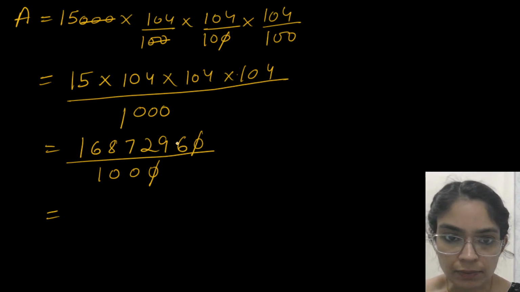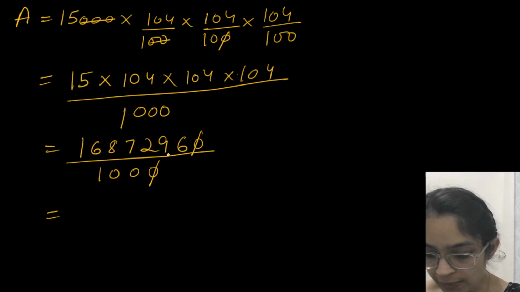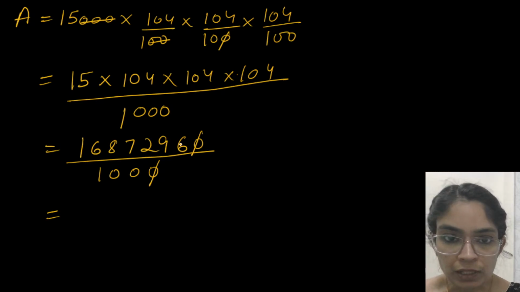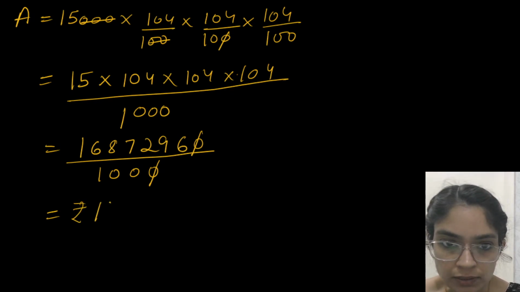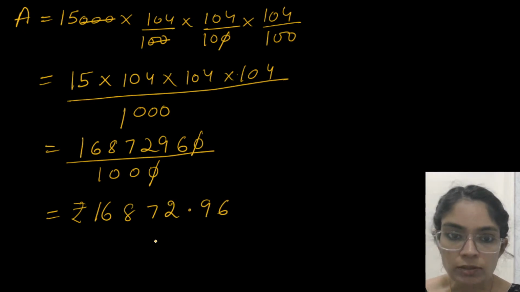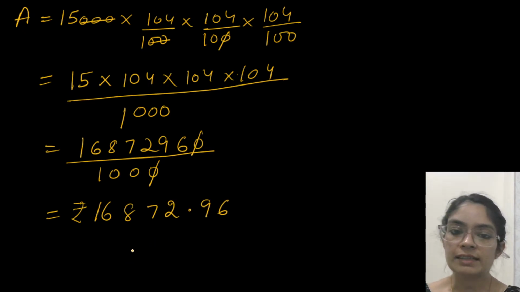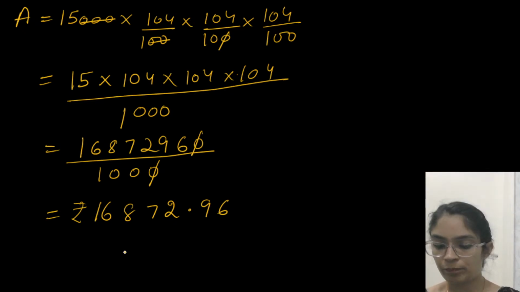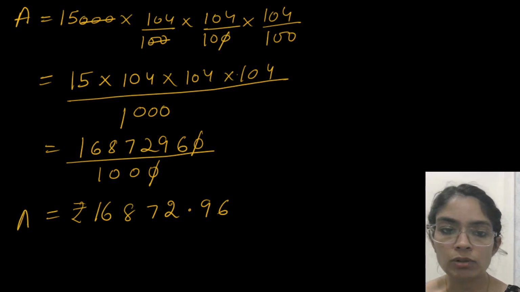If I want to convert into decimals, from the right side I have to count 2 digits. So 1, 2, after 2 digits I can put the decimal. So this is 16,872.96. Okay, that means the same answer. So the amount we have calculated.